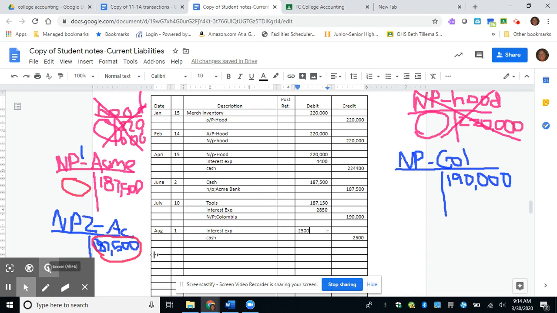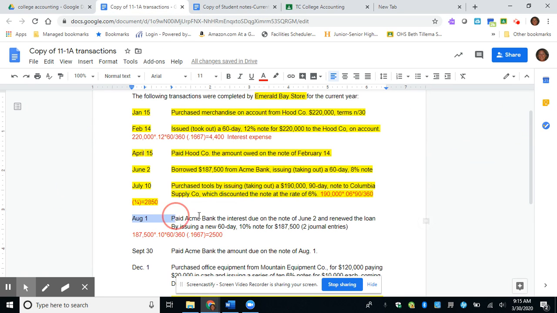So again, on August 1st, it is going to be my note payable, and I'm going to put a 1 for Acme of $187,500. And then I'm going to convert this into a second notes payable, because you can't carry the notes payable over. Once the term is done, it is done. So I actually had to convert it into a second $187,500. If I look at my directions here, this is now going to be a 60-day note. So it's going to give me 60 days more to pay.